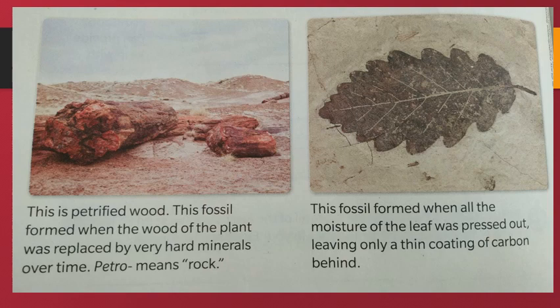So this fossil formed when all the moisture of the leaf was pressed out. Moisture usually means water. We know that a leaf contains some water, and because over a lot of years it has been torn from a plant, it does not get enough water, so all the water has moved out, and it leaves only a thin coating of carbon behind.